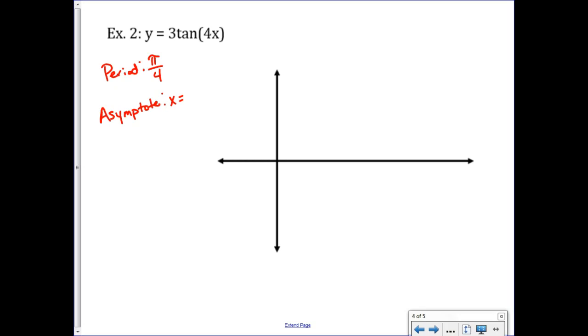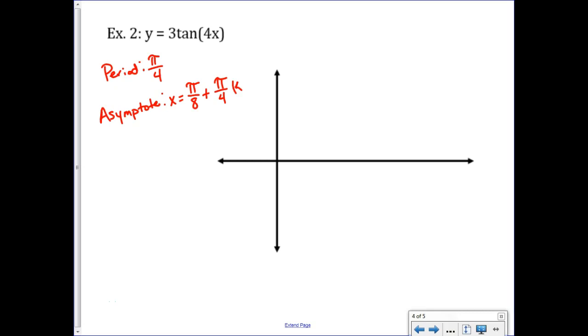So our b value is 4. So pi over 8, 2 times 4 is 8. That's where our first asymptote falls, plus our period times our constant.